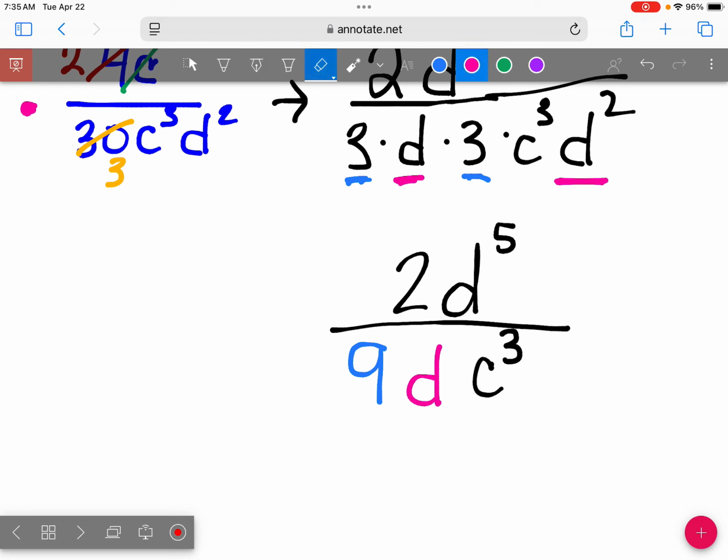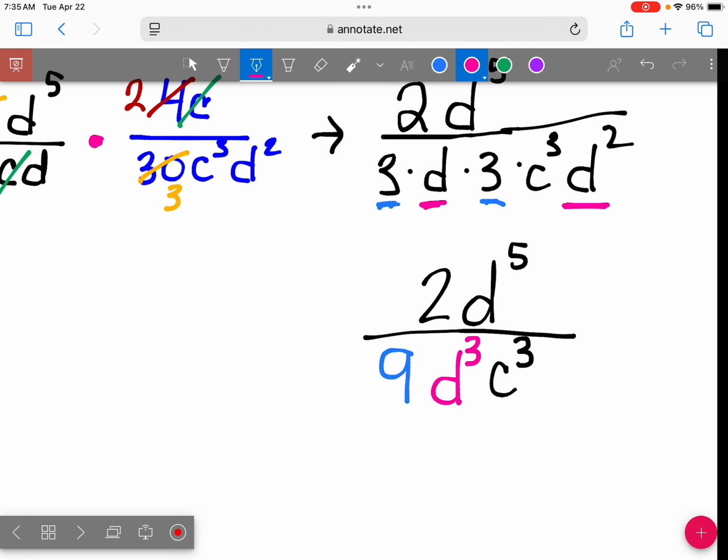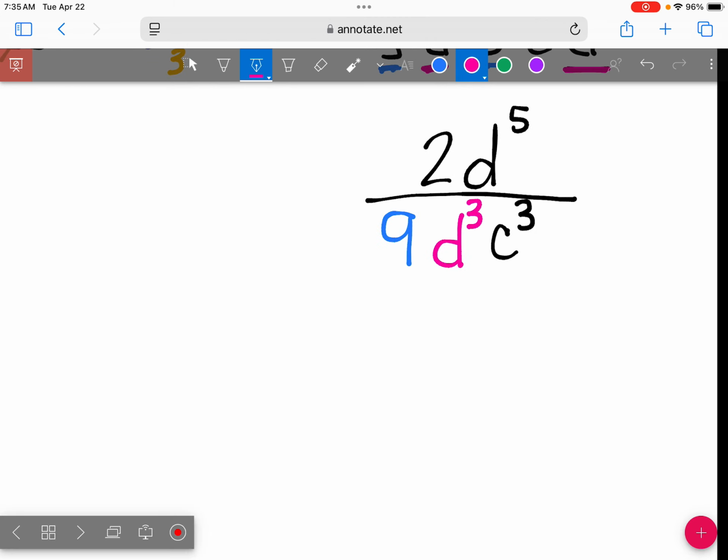So now what do we notice looking at this? What can I do with this? There's one more thing we can simplify. The d.